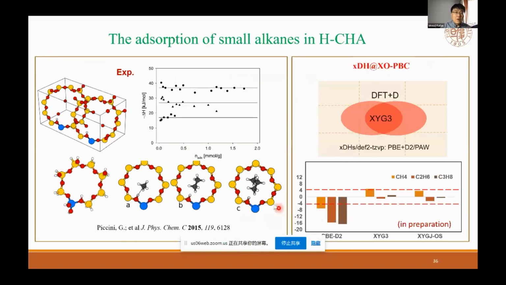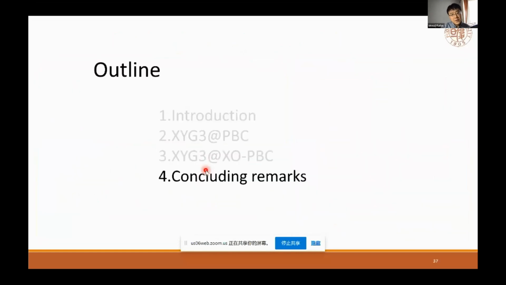We can also apply the XYG3 XO-PBC calculation to calculate the adsorption energy of small alkanes in zeolite, and we believe this kind of method can also have very good results when applied to describe the CO2 adsorption on different materials.